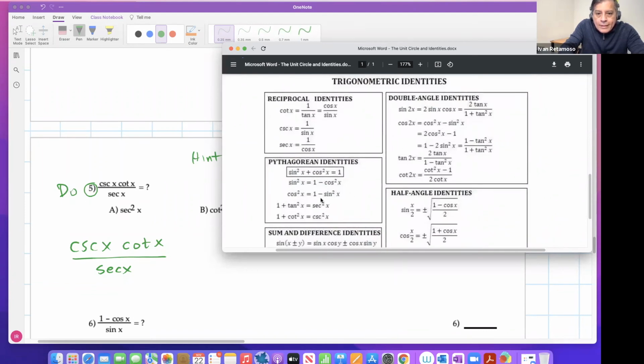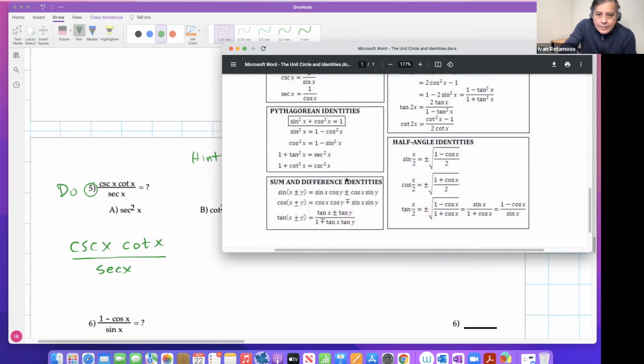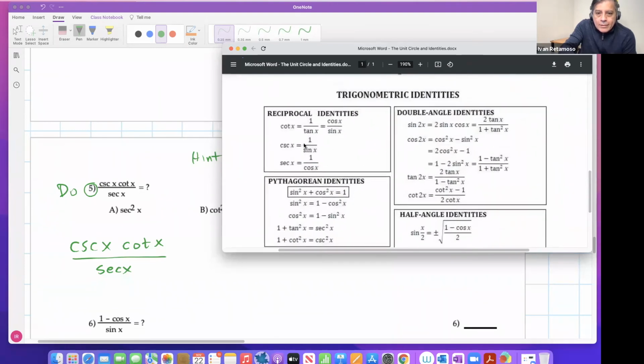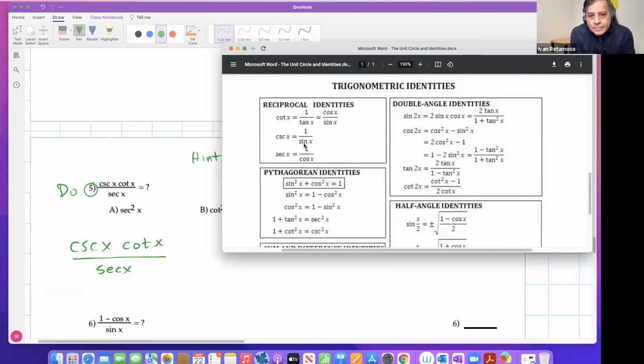There's more, but that is coming up in future lectures. For now, you can use these identities. They are on the unit circle sheet at the bottom.